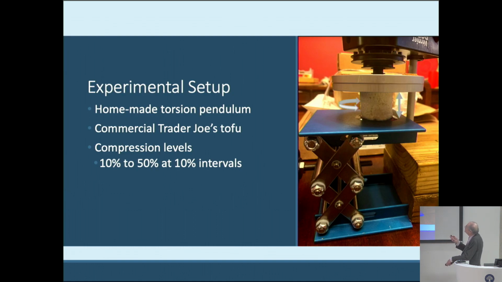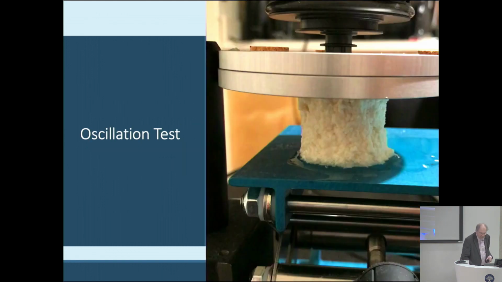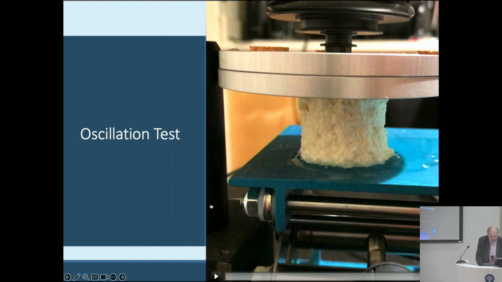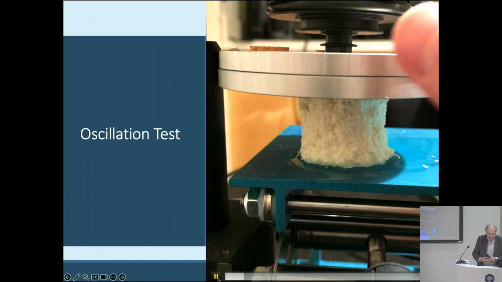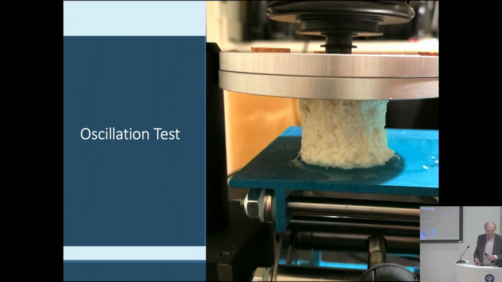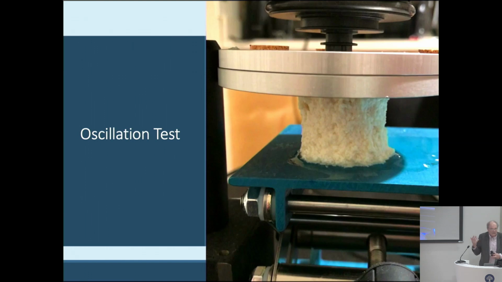You make a home-built little pendulum, you put a piece of tofu in between a stationary plate and this little oscillating pendulum, and you give the pendulum a little poke, and it oscillates.